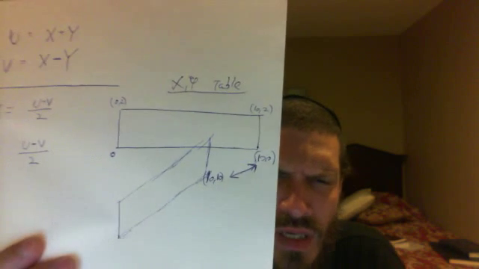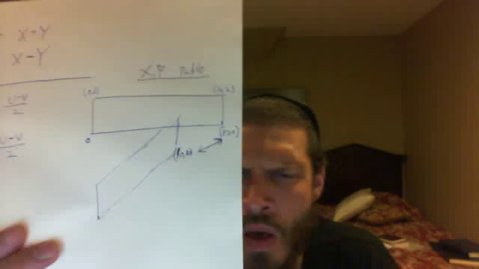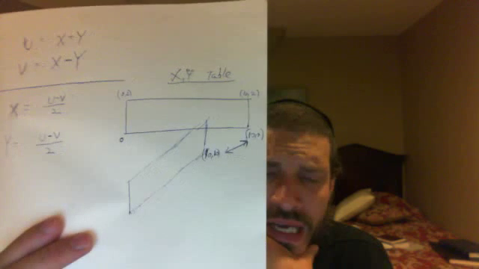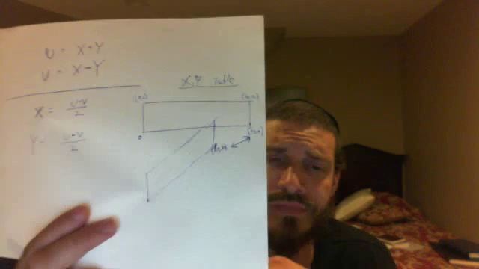I'm sorry, I didn't make the right graph. V will be 8. I didn't do it right. The V would be 8 and this would be 12.